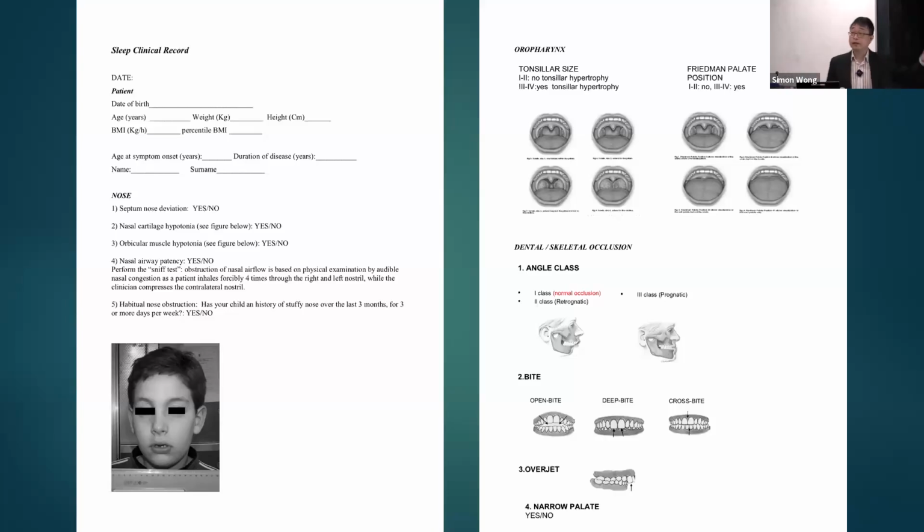Guess what? We can fill this form out too. Because we don't have a sleep study in the back room of our clinic, do we? But we can print this out on our printer and we can fill it out in our clinic. It's just an orthodontic exam with a little bit of an ENT exam. So I'm going to teach you how to do that.